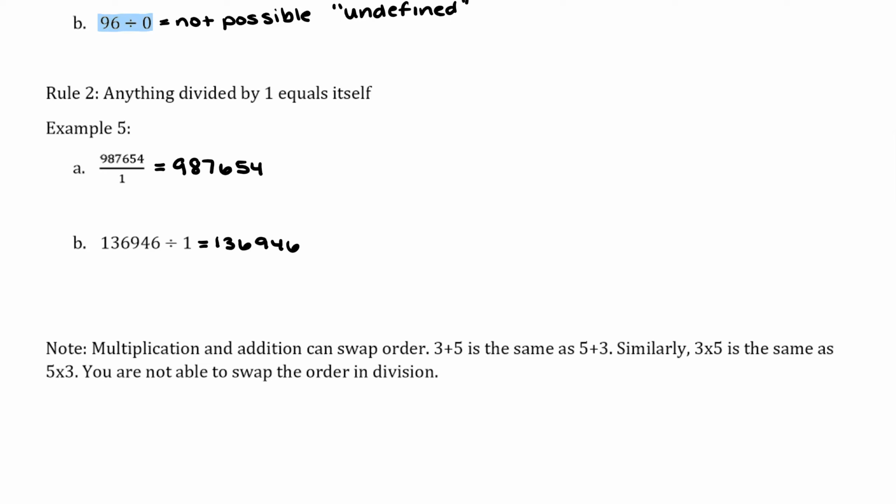But you are not allowed to swap the order in division, and you're also not allowed to swap the order in subtraction. So no swapping in subtraction either. Now, in the chapter for this section, they're going to call that the commutative property, when you can switch the order.